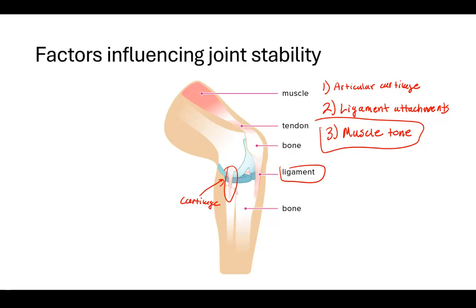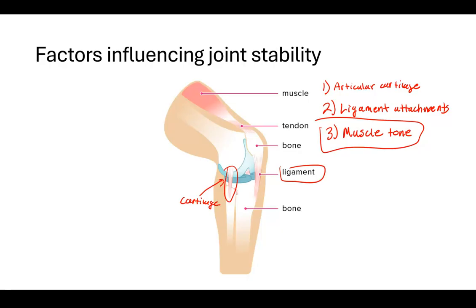But because they're made out of dense regular tissue, ligaments cannot stretch that much. One of the examples we used was that they're like a steel cable, really good at resisting tensile stress, but they can't really stretch. So if they get pushed past a certain point, they can just tear.